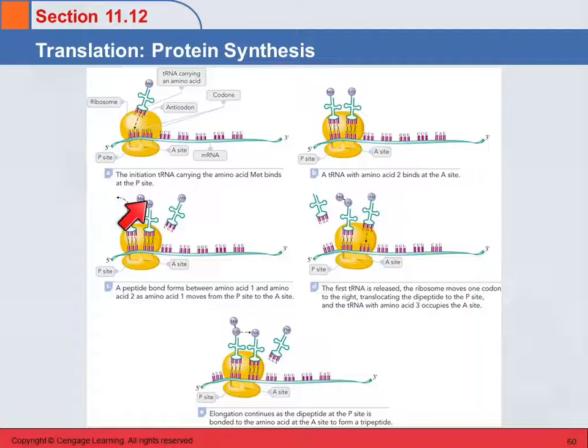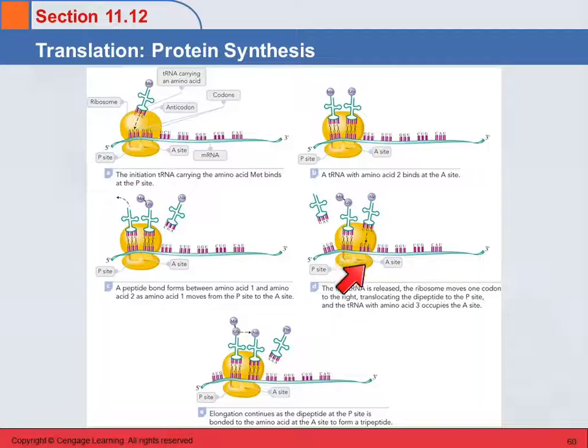So they get hooked up, and the methionine comes off its transfer RNA. The transfer RNA leaves. This whole thing is going to shift down, and now here's the original starting codon, and that transfer RNA is leaving. Here we've got the one from the second, and it's got now a dipeptide on it.